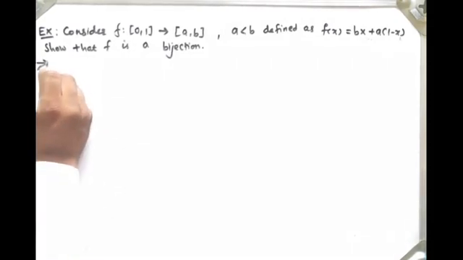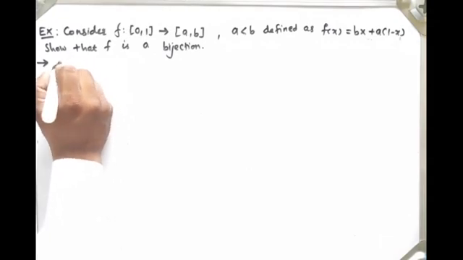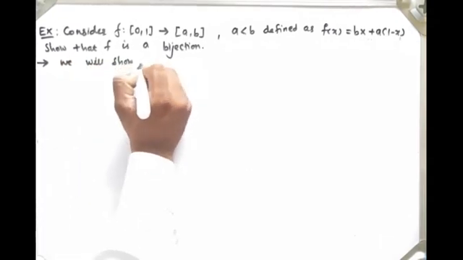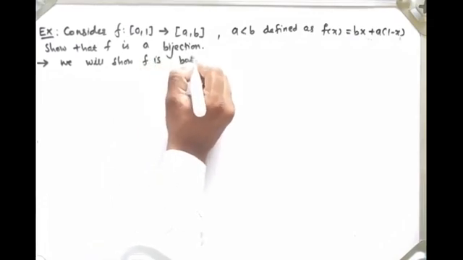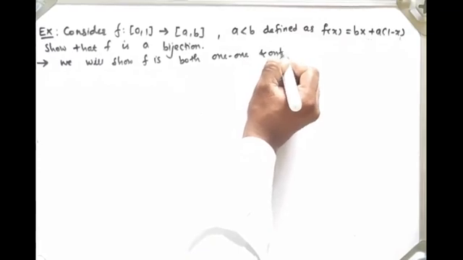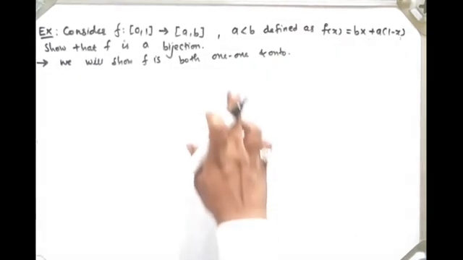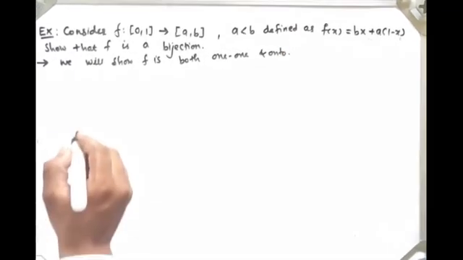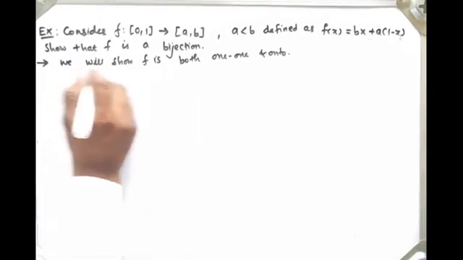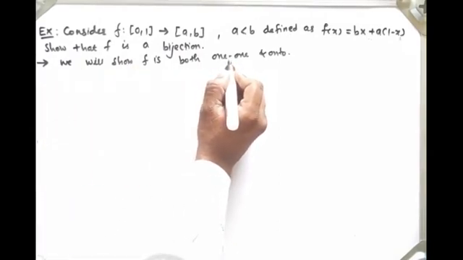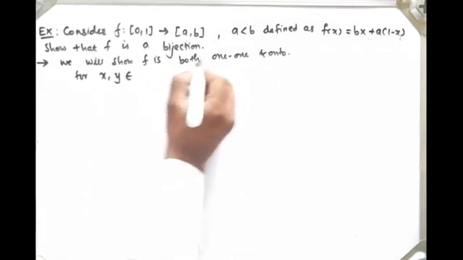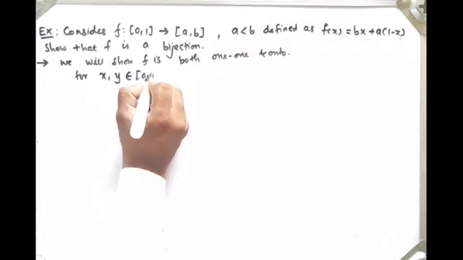So solution, we will show f is both one-one and onto. So one-one and onto means injective and surjective. So first one-one. Now I will take x, y belongs to closed interval [0,1].